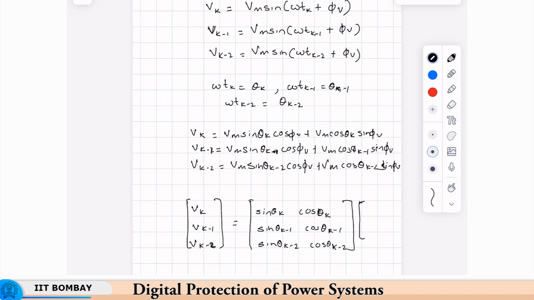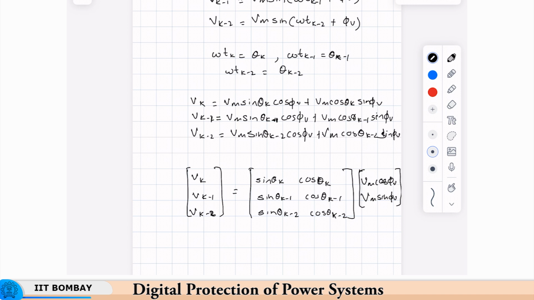And the unknowns are the same as last time, Vm cos phi v and Vm sin phi v. Now if you notice this matrix, unlike last time where we had a square matrix, this matrix is rectangular. In this case it is a 3 by 2 matrix. So inverting it will not be straightforward like last time. We have to think of some other method to solve this. So let us get back to the presentation.